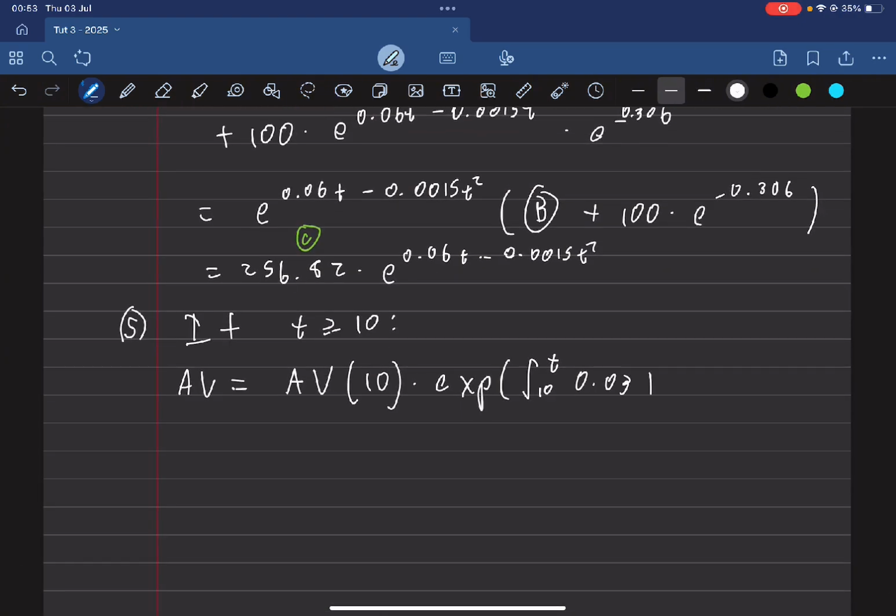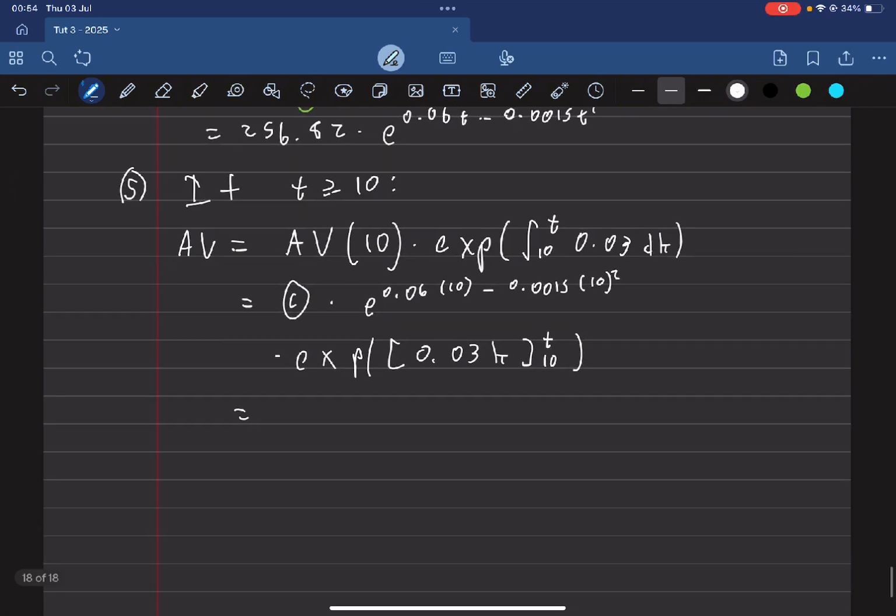0.03 dk. Cool. So the accumulation value at time 10, using that formula, is going to be c times e to the 0.06 times 10 minus 0.0015 times 10 squared, all then multiplied by exp of 0.03k from 10 to t.